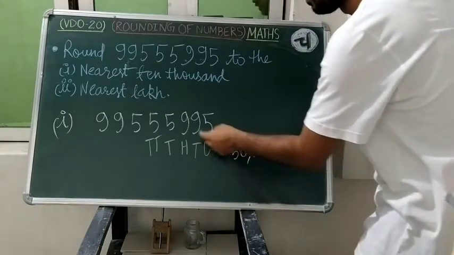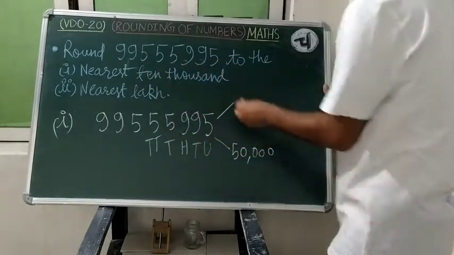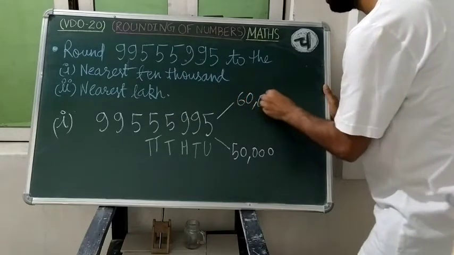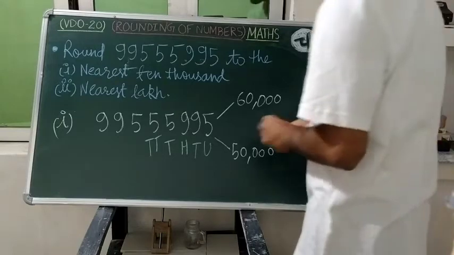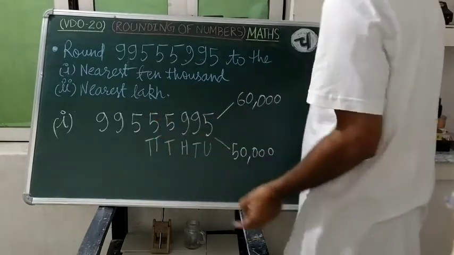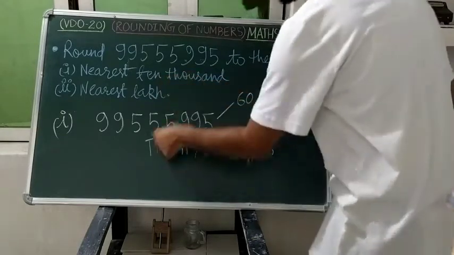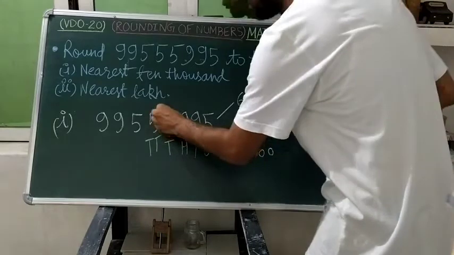And one up time means multiple of 10,000 six times will give us 60,000. Next task is to select the number present at the right side of the place given to us. The place given to us is the 10,000, and we will select the number which is present at the right side of that.